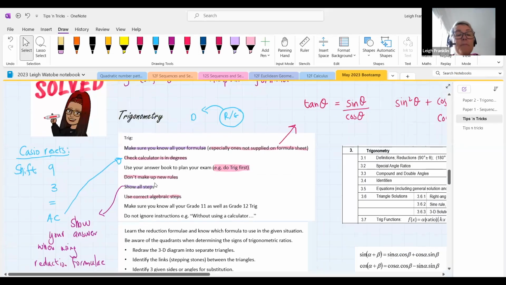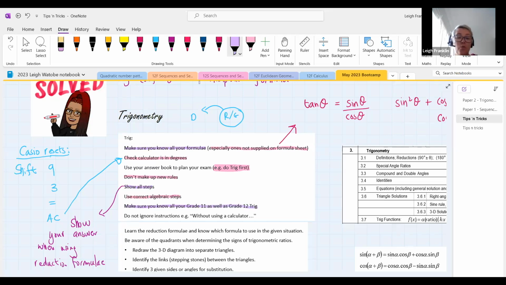Then it says, make sure you know all your grade 11 as well as your grade 12 trig. The grade 11 trig is really important. Make sure that you have learned all your reduction formulae, including your negative angles and your co-functions. Do you want me to do a brief summary of all your reduction formulae?